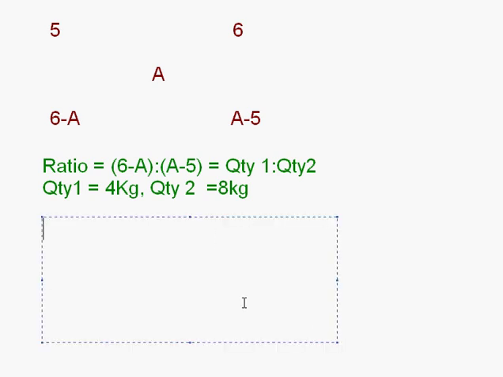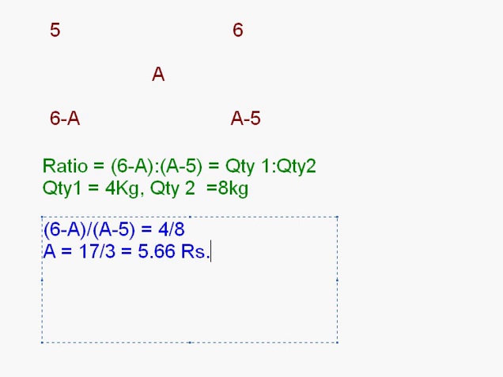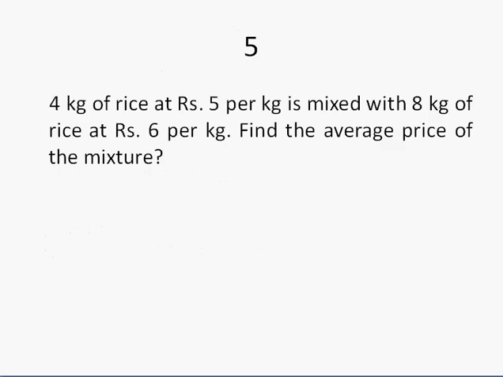So 6 minus A upon A minus 5 will be equal to 4 upon 8. Now if you solve this particular equation, you will get A as 17 upon 3, that is nothing but 5.66 rupees per kilogram.